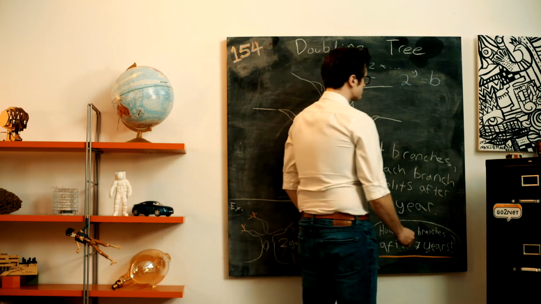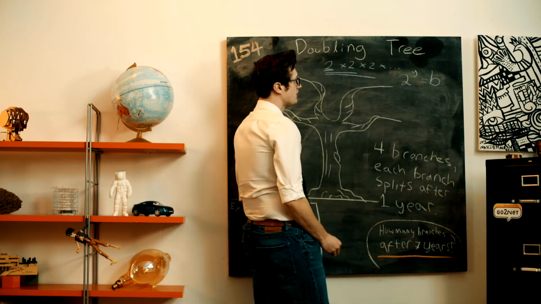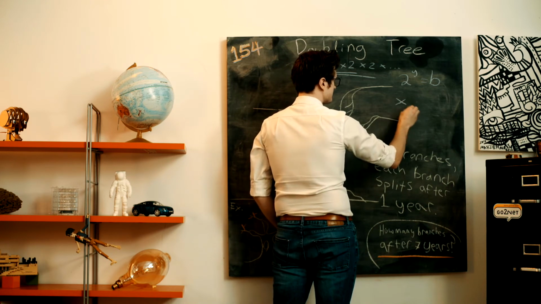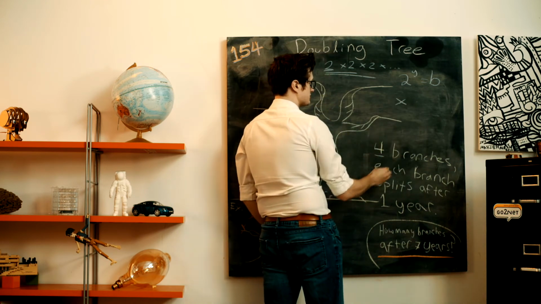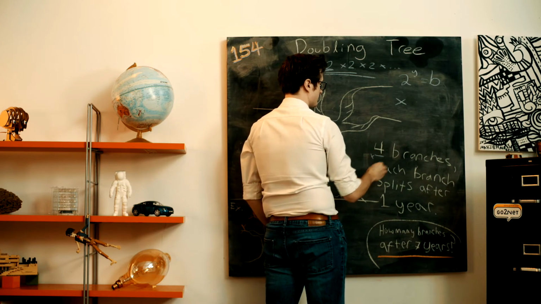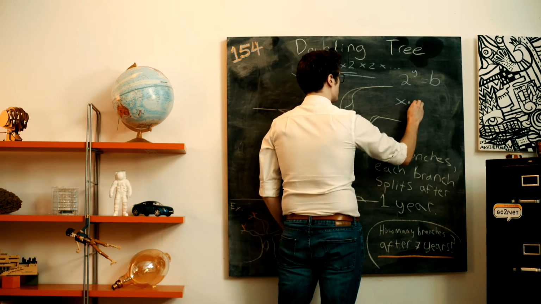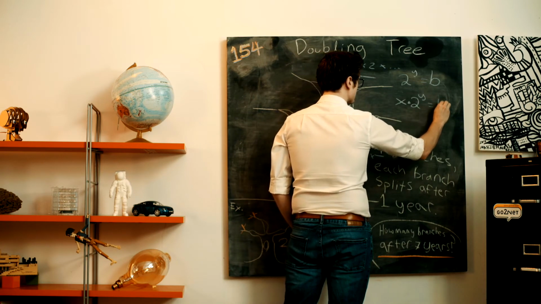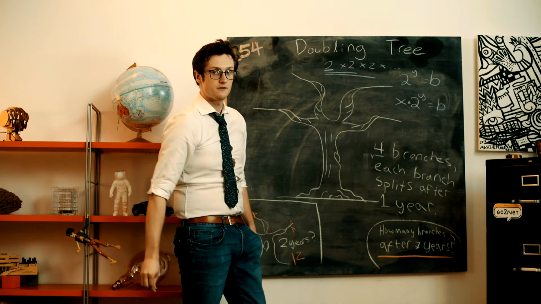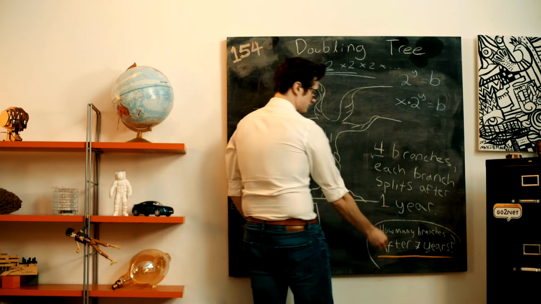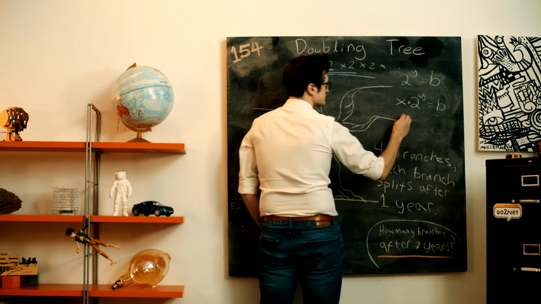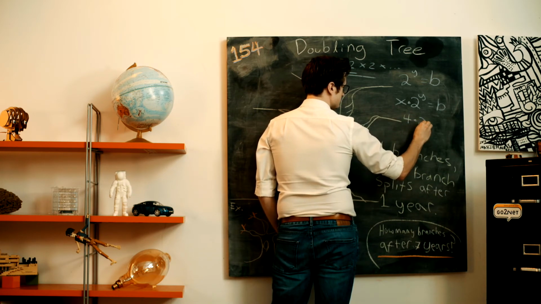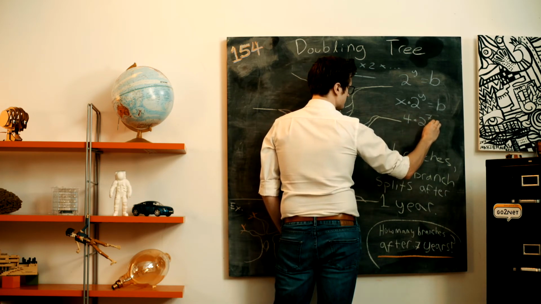So I guess we could write that as x for the number of initial branches. This is x times 2 to the power of y is equal to the number of branches that we'll end up with. And now I can just plug in 7 years, 4 branches. This is going to be 4 times 2 to the power of 7.